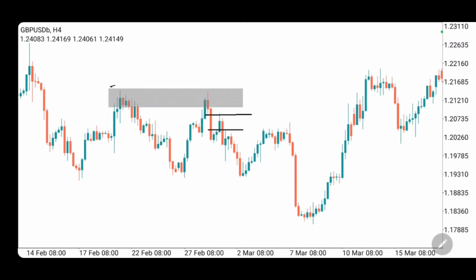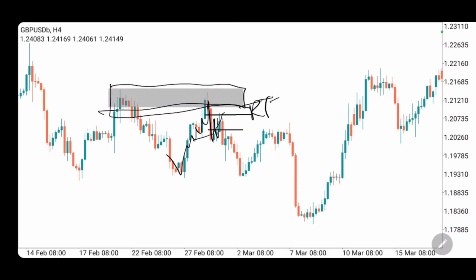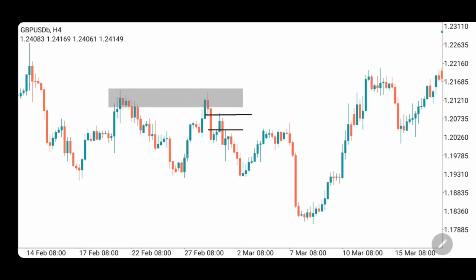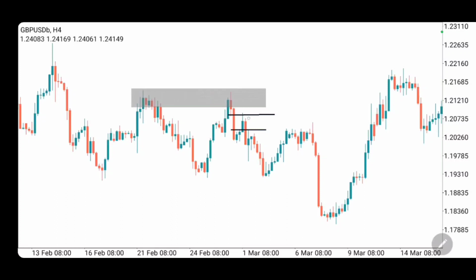There's a supply zone there, and the market got into the supply zone, mitigated the supply zone, and created some sort of change of character, and you get into the trade on the return to fair value gap, and that was a lovely sell trade. Okay, so this is a more reliable way.